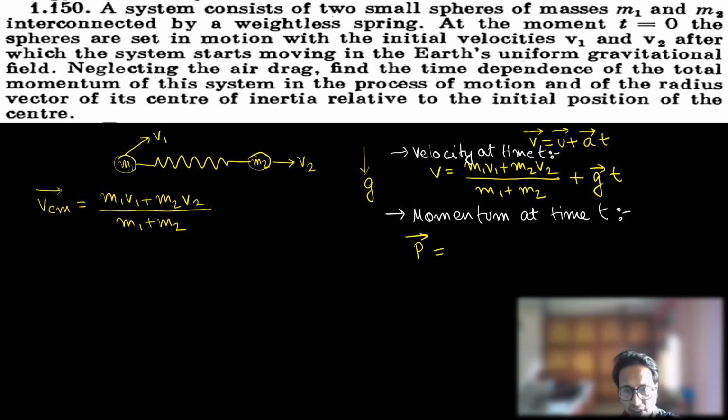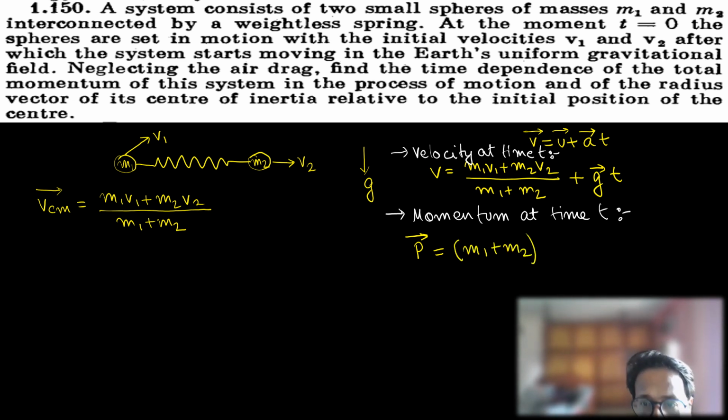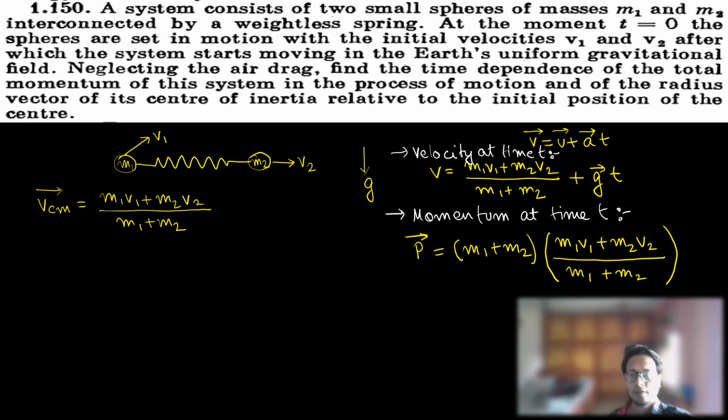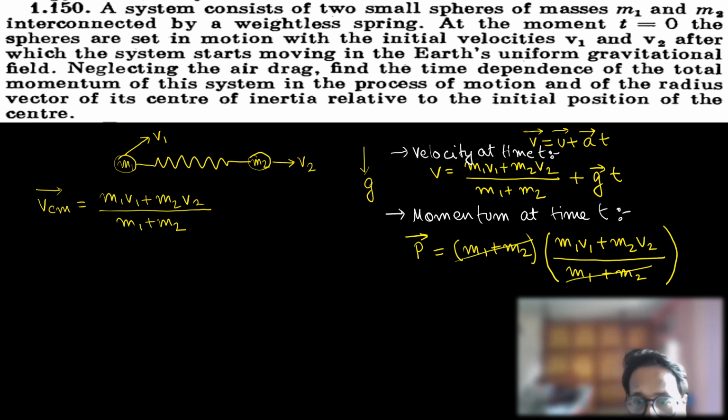So what is the total mass of the system? m1 plus m2. And what is the total velocity of the system? The total velocity of the system is nothing but the velocity of the center of mass of the system at time t, into m1 plus m2. This is our final answer. This m1 plus m2 and this m1 plus m2 would get cancelled.